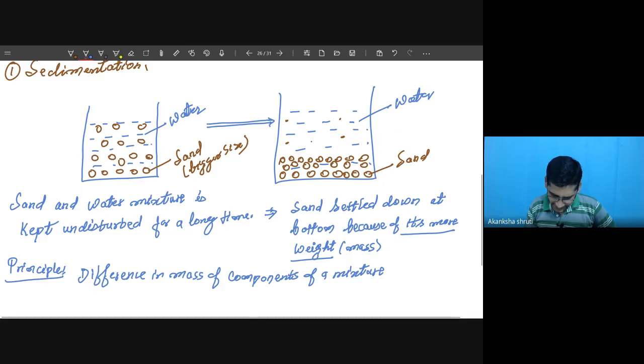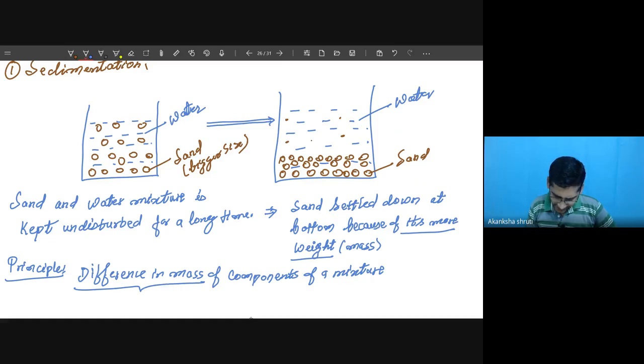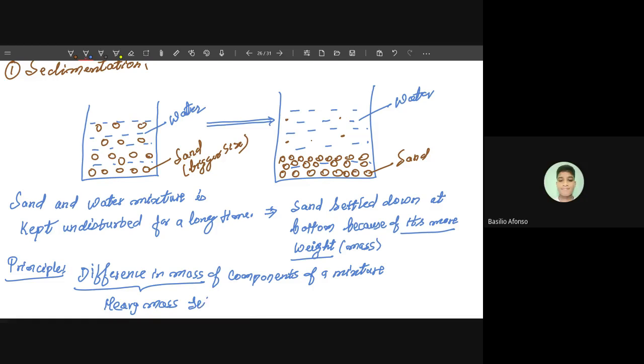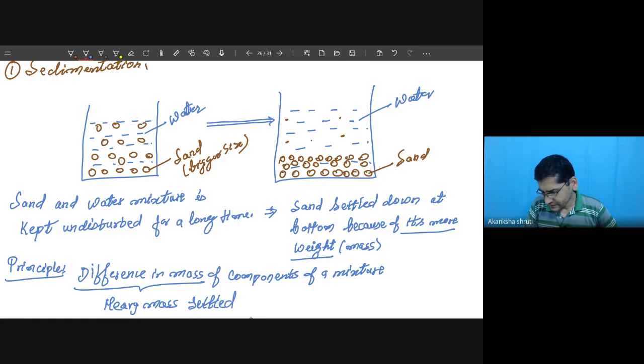Because of the difference in mass, the heavy mass gets settled down, goes down, when they are left undisturbed. That is the principle. So only this much is enough.